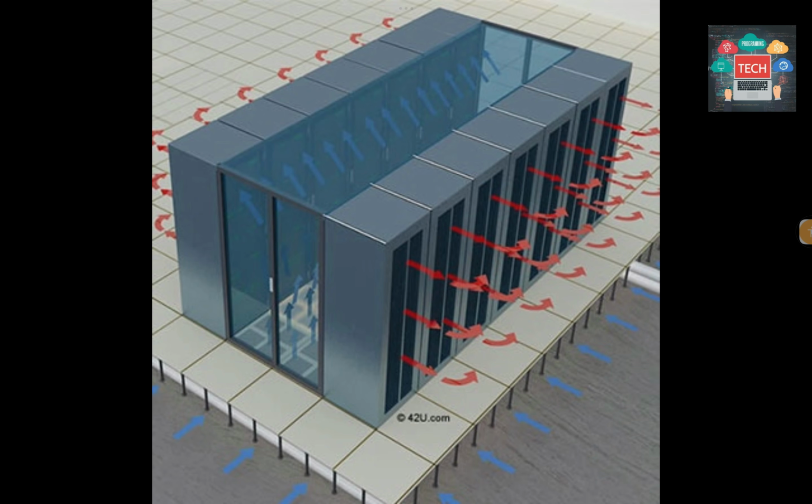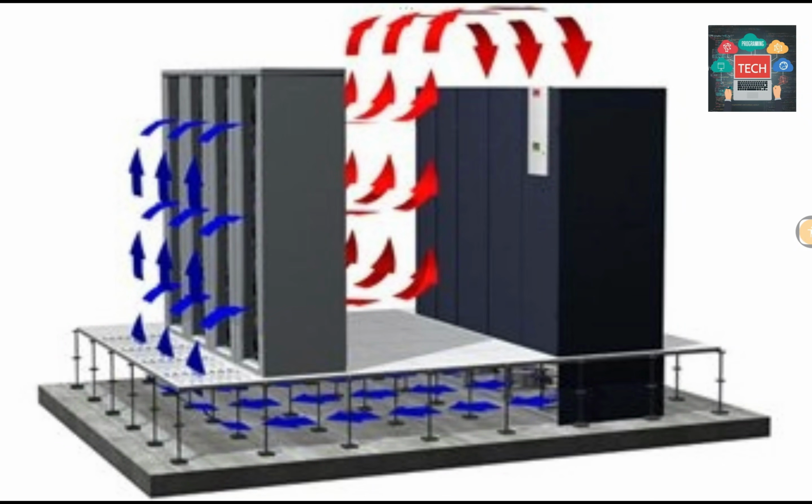We have to maintain that cooling capacity, because if you cool down your infrastructure too much, static energy is generated. Static energy means when you touch any of the hardware, you will get an electric shock. So we generally maintain this cooling capacity so that static energy cannot be generated and the whole environment stays cool.